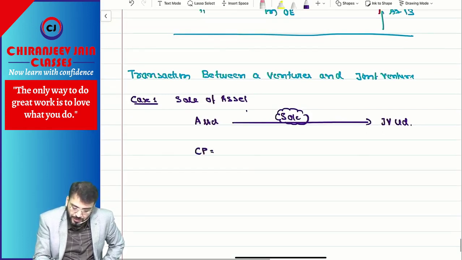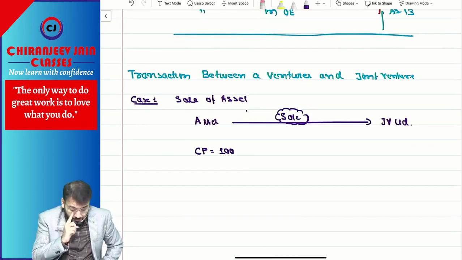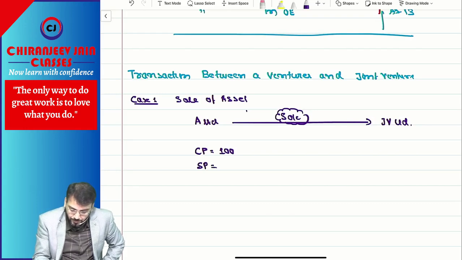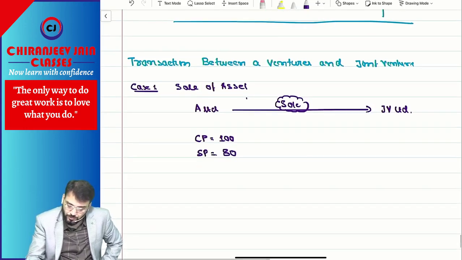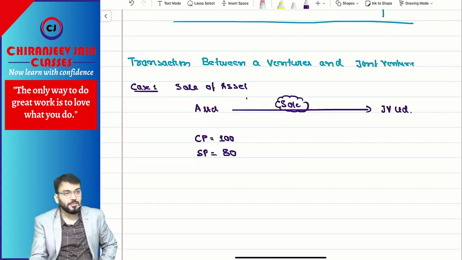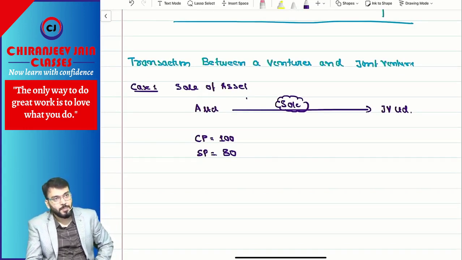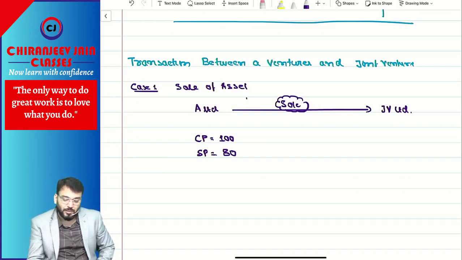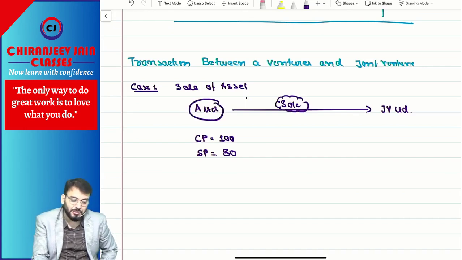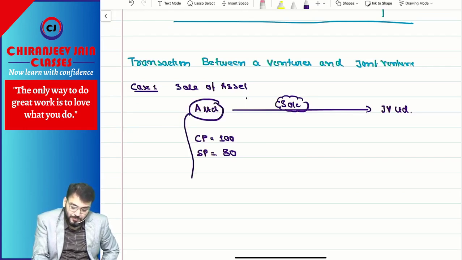Suppose the cost price is 100 lakh and sale price is equal to 80. Understood? Correct. So what journal entry will we do in the books of A Limited? Means we are discussing in the books of A Limited.